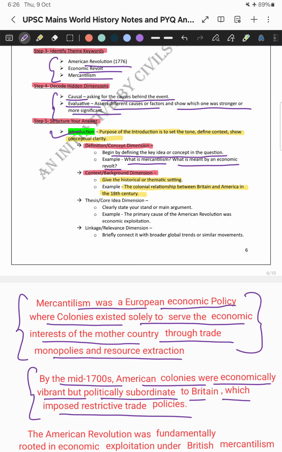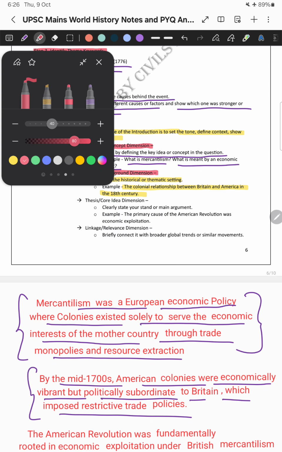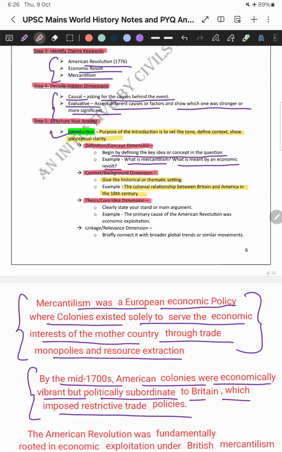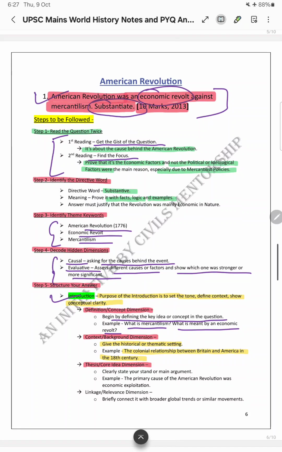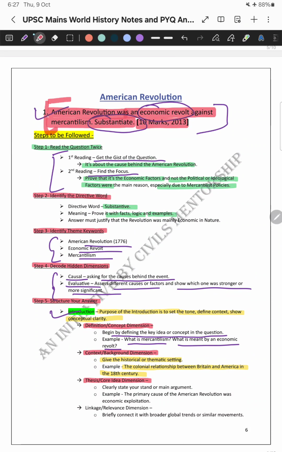Now the third way of introducing your answer is the thesis or core idea dimension. What does this mean? It means that in the introduction itself, you are clearly stating your stand or the main argument. For example, in this question, they have clearly mentioned that the American Revolution was an economic revolt against mercantilism.